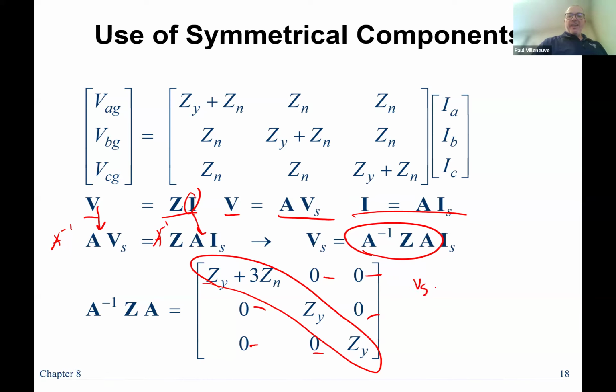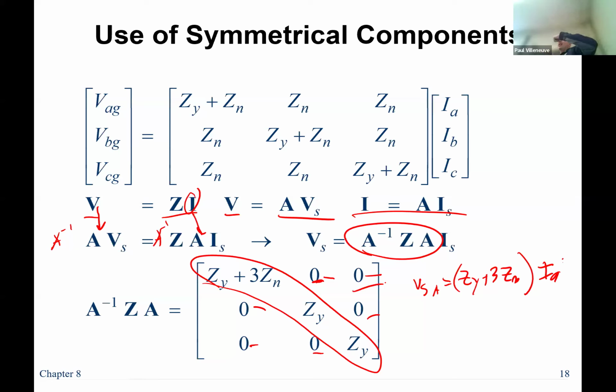So Vs for phase A, if I multiply it out, is going to be equal to ZY plus 3Zn, all of that times my phase A symmetrical components value. But I've got 0 times IB and 0 times IC.